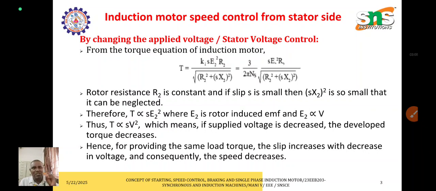If you change the applied voltage, the torque changes, and if the torque changes, the speed changes. Hence, for a given load torque, the slip increases with the decrease in voltage, and consequently the speed decreases. So by changing the supply voltage of the induction machine, the torque can be varied, so that the speed can also be varied.